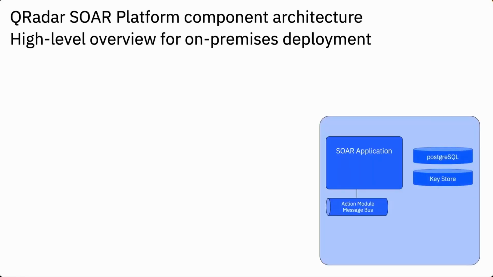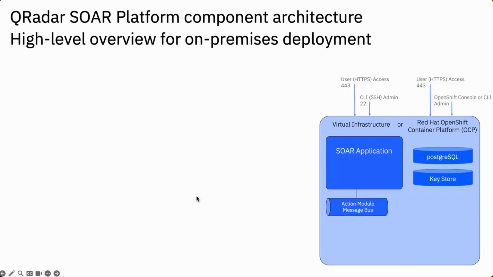Now, this is the QRadar SOAR platform component architecture, a high-level overview for on-premise deployment. These are the platform components for an on-premise deployment, consisting of the SOAR application and action module message bus.